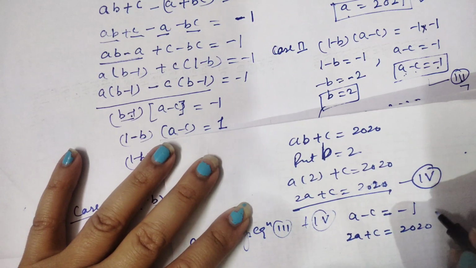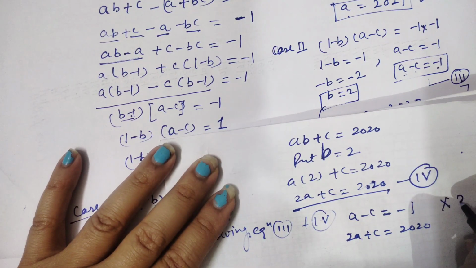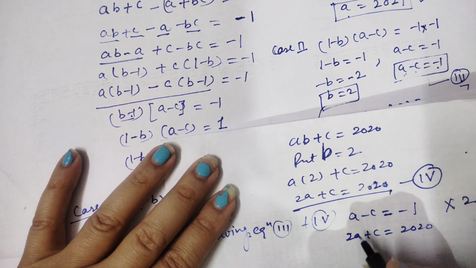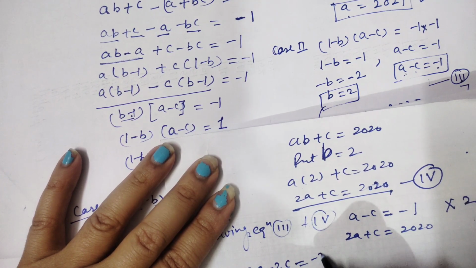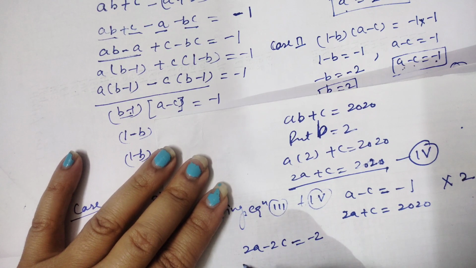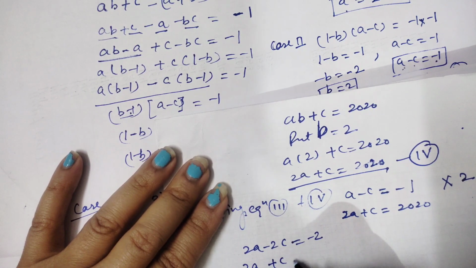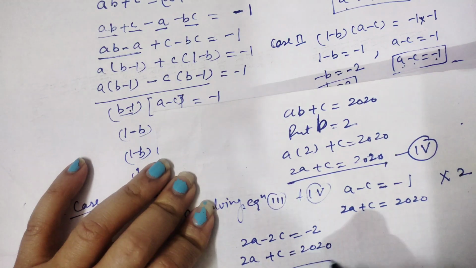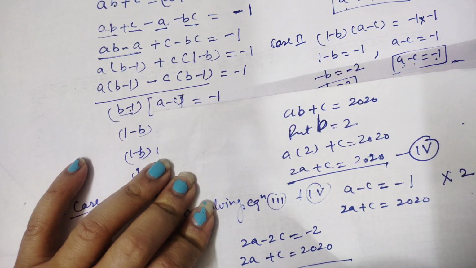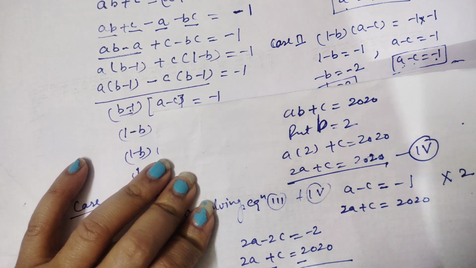Now you can see if you multiply equation number 3 by 2, it is 2a minus 2c equals to minus 2. We are using the elimination method of the linear equations chapter. You can use the substitution method also. Now we will subtract it.